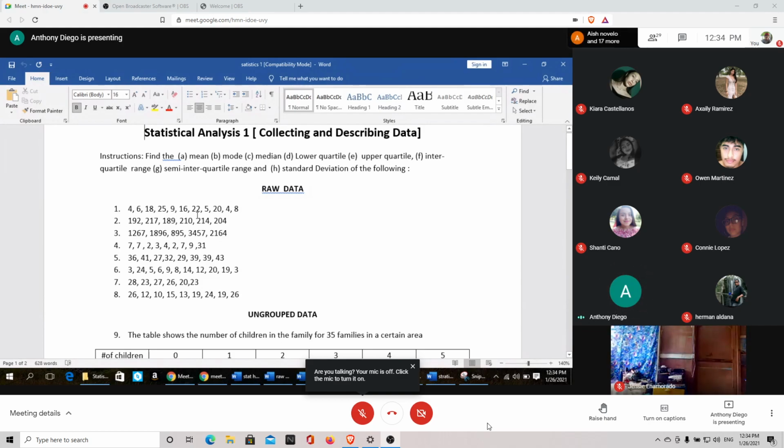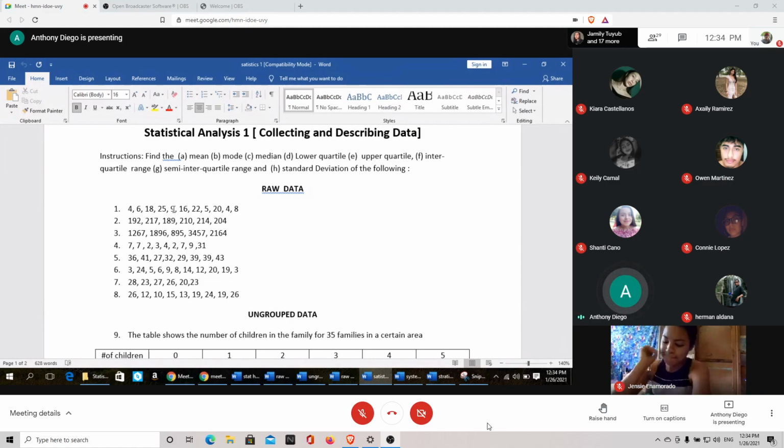Now, if you notice, the values are in haphazard form. So whenever you're doing any calculation, you must organize your data in order.